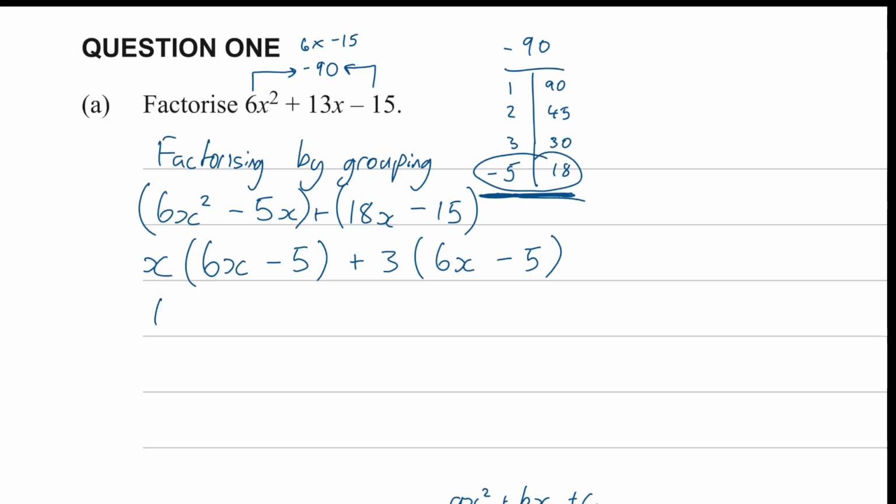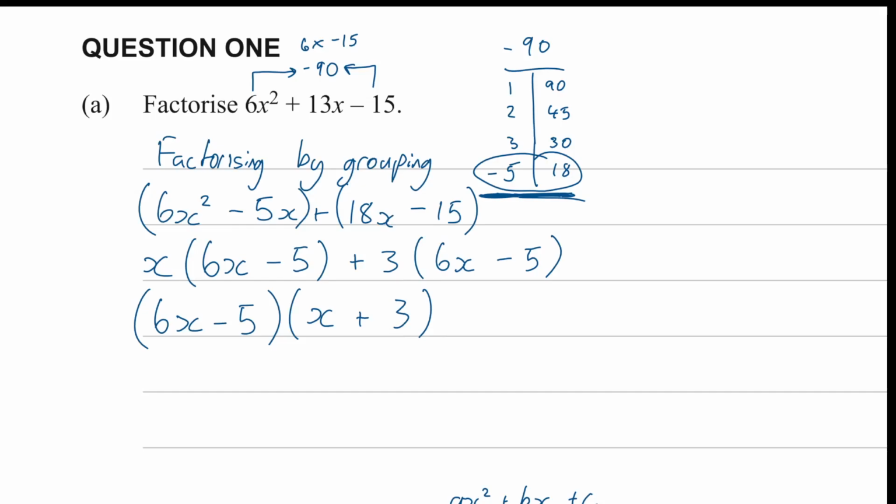Pulling out the common factor of 6x minus 5, this times what gives us x times 6x minus 5? Well, that would be x. And this times what gives us 3 times 6x minus 5? Positive 3.